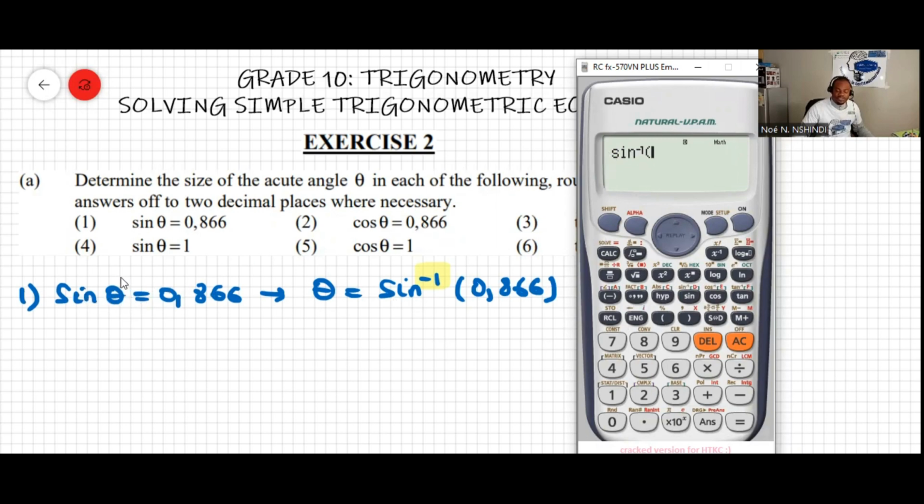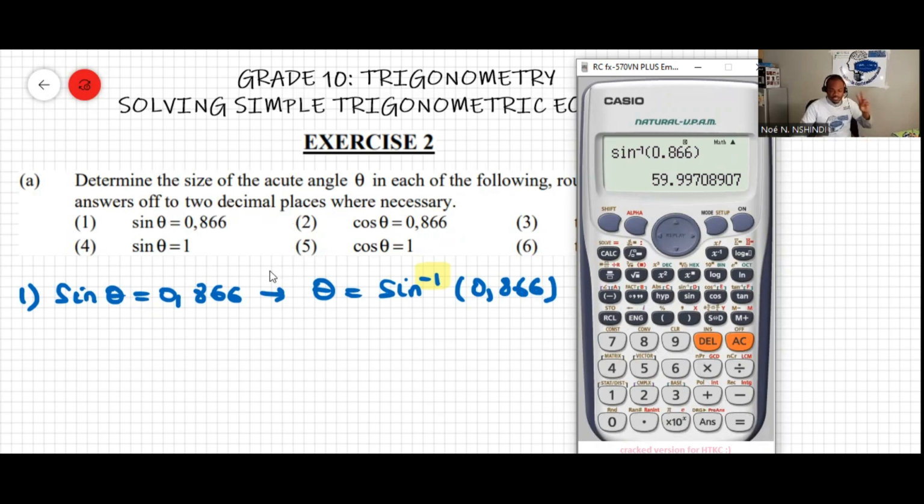In the bracket I type 0.866, close bracket, and hit equal. The answer is 59.99783.